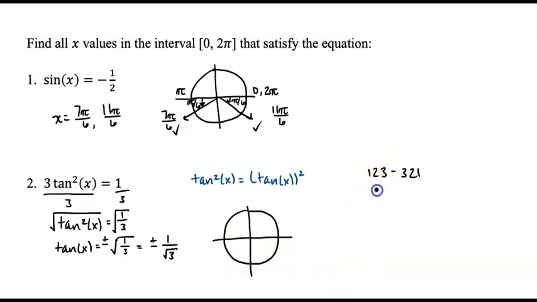So I know with my 1, 2, 3, 3, 2, 1 method, I've got sine, I've got cosine. I know my three basic angles are going to be pi over 6, pi over 4, and pi over 3. I know I'm going to write this 1, 2, 3, 3, 2, 1. I'll divide everything by 2.